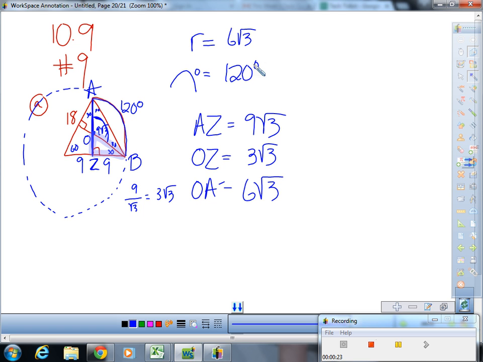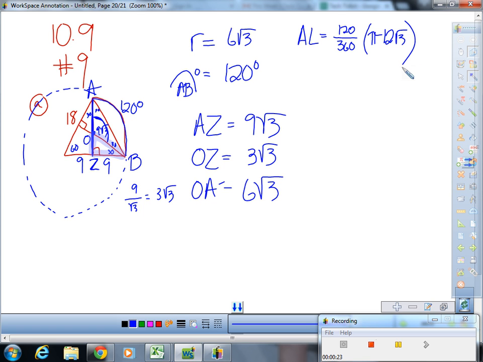Wow, they're really giving you the hard question first here, number 9. So, we know that arc AB is 120 degrees, and we know that the radius AO is 6 radical 3. So, the arc length is going to be 120, the arc measure, divided by 360, times the circumference, which is pi times 12 radical 3.